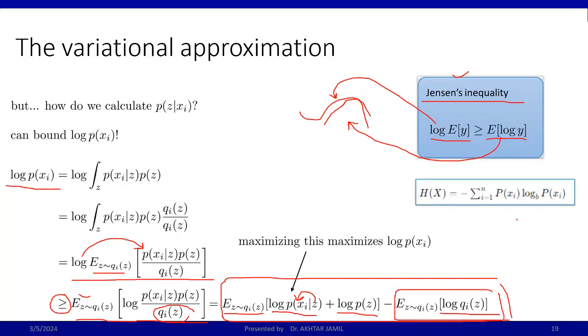This is the equation of the entropy: probability of some variable x of I times its own log of probability, and if we sum it over all the samples I equal to 1 to n, then this is what we refer to as the entropy.